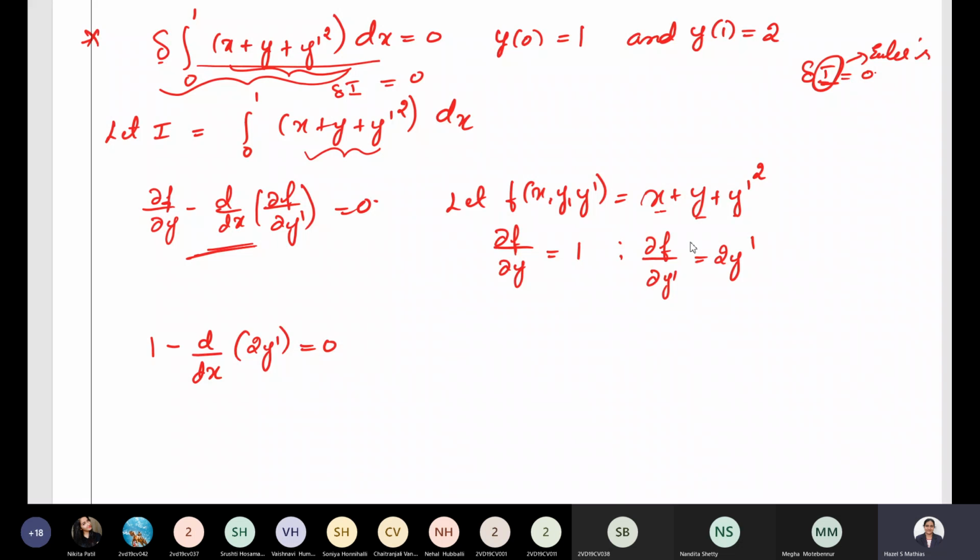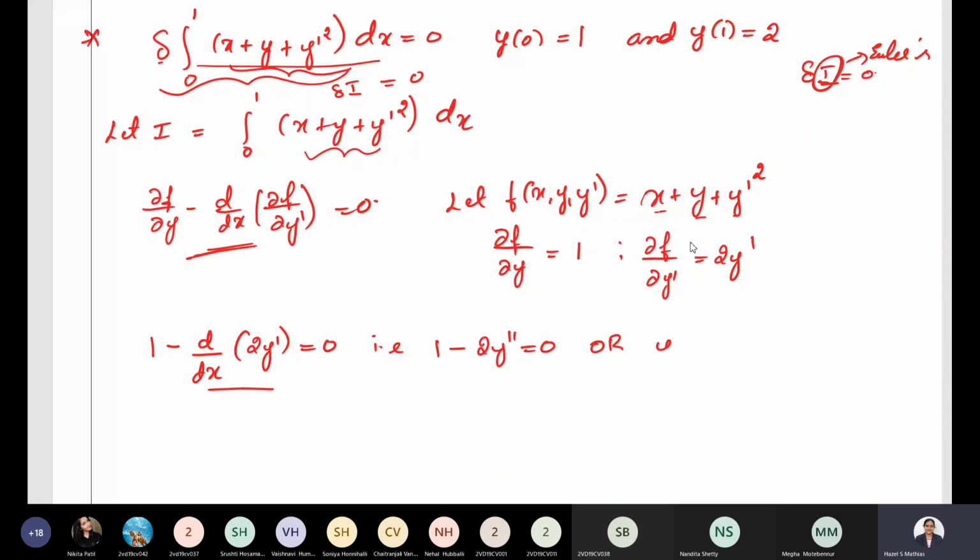Now what do we get when we differentiate d by dx of 2y dash? Differentiation of y dash will be y double dash. So 2 into y double dash equal to 1, so what will be y double dash?